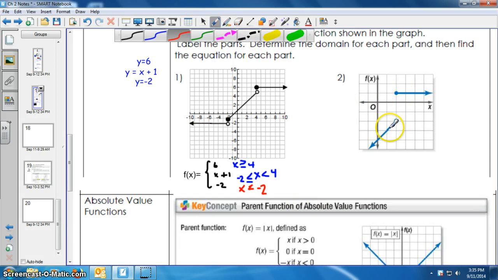Again, just write the equations for those lines and then plug it in and do your inequality part. So you can pause, try those on your own, and then you can always double check. All right, so if you are ready to check, it should be f of x or g of x or whatever you wanted to name it, with your little squiggly here to include all your parts.